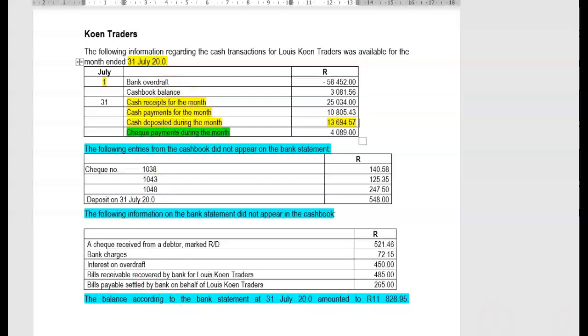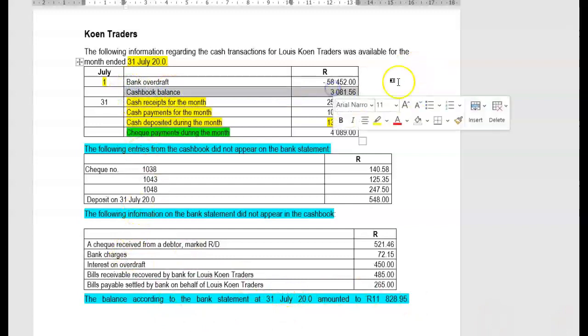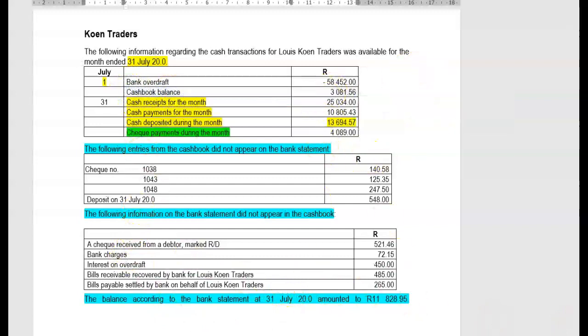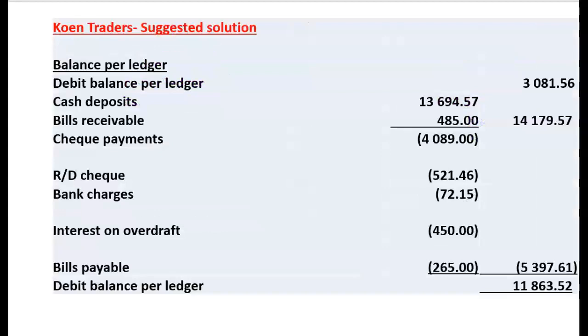The second thing is we have to calculate the cash book balance. Now, the cash book starts off with a balance of 3081.56. So if we want to calculate our cash book balance, we'll start. You can do this in a T account format as well. I've done it in a calculation format, but a T account is 100% fine.